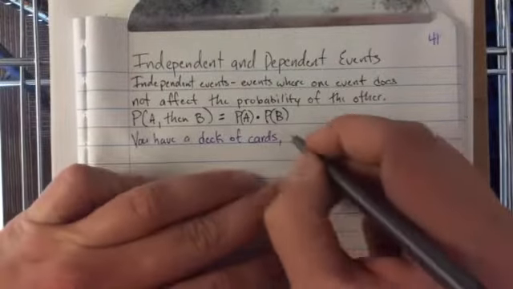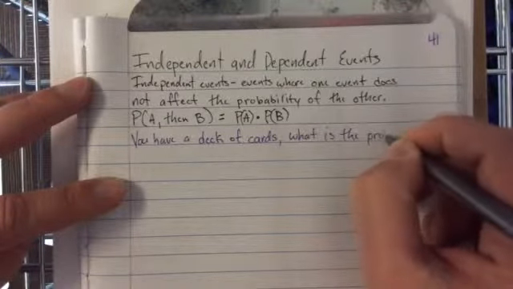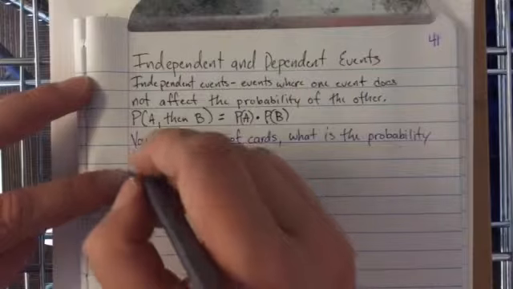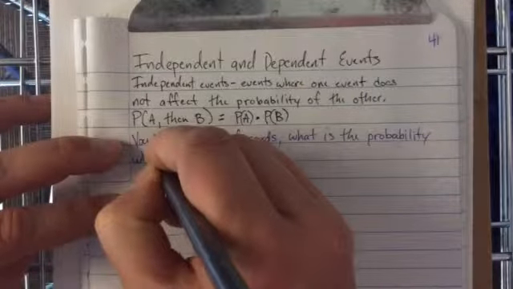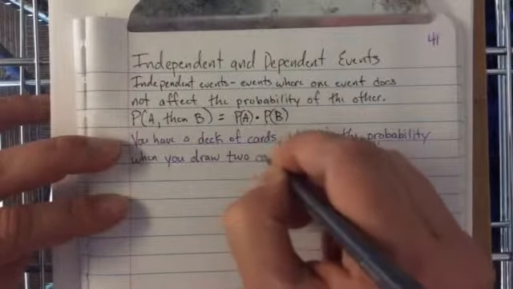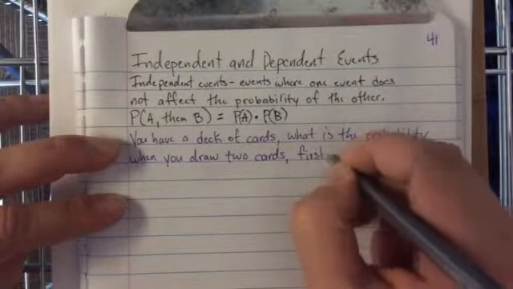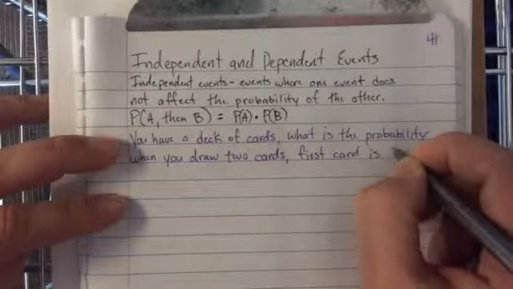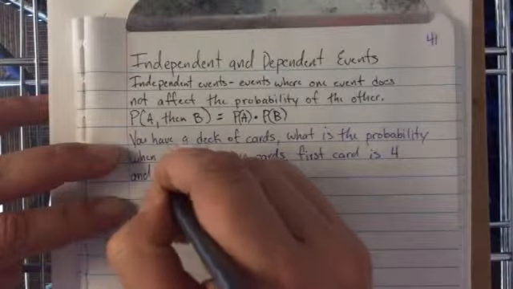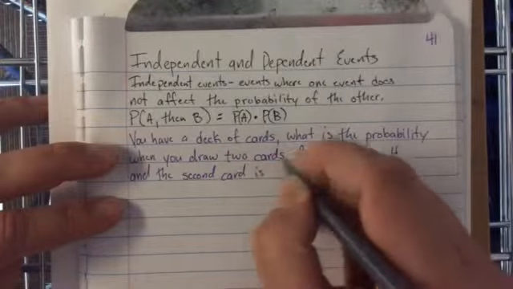What is the probability when you draw two cards, the first card is a 4, and the second card is a diamond?